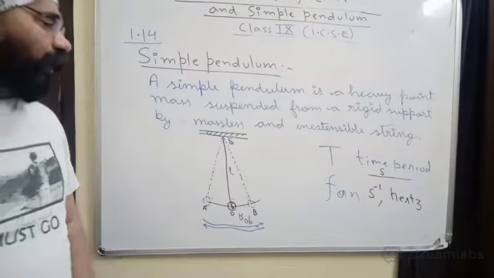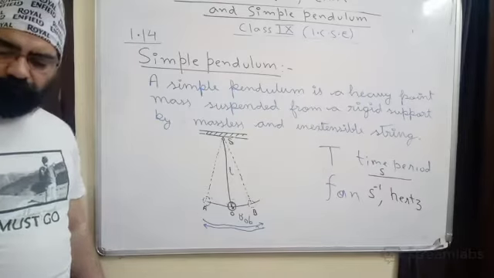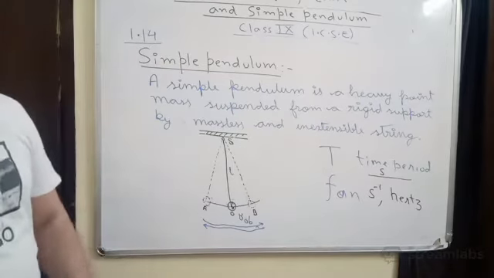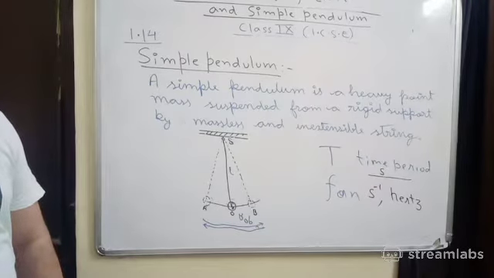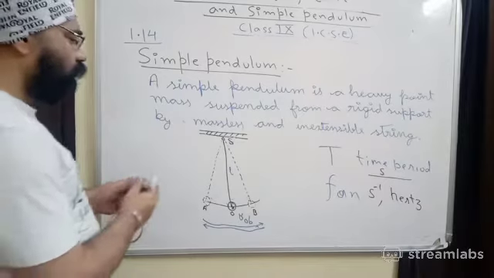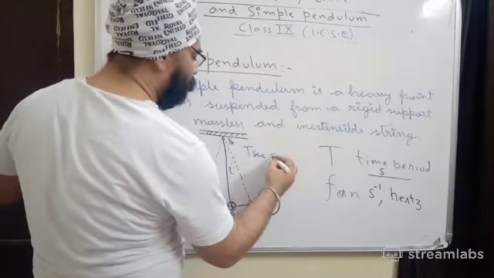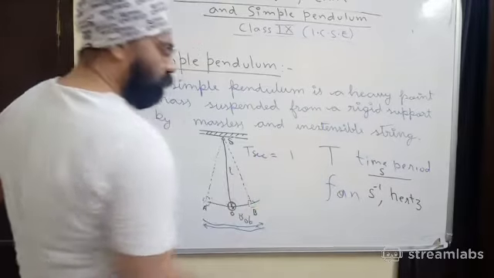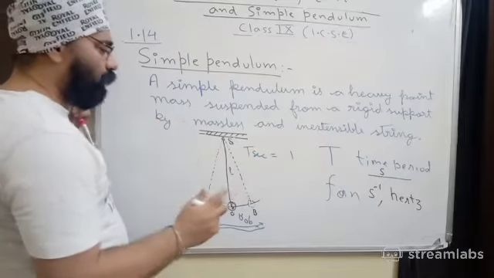Now there is a relationship between the time period and the frequency. If T is the time period of a simple pendulum, then it means that in T seconds it completed one oscillation.